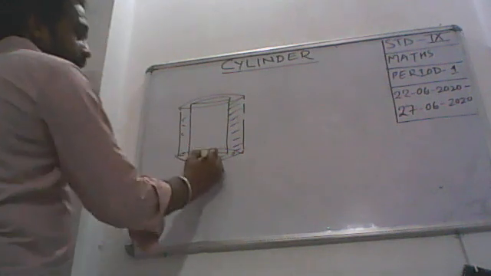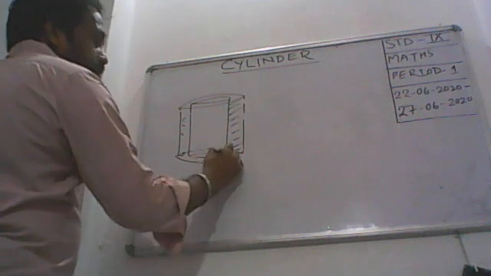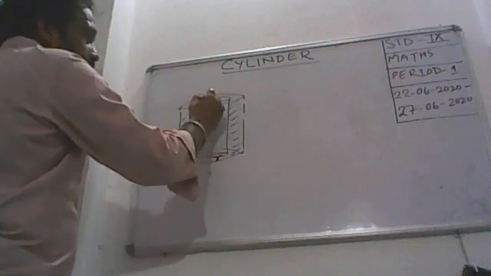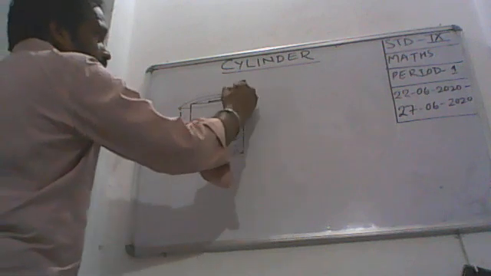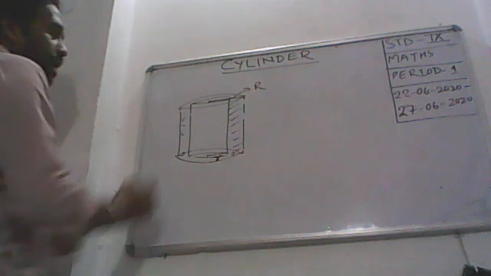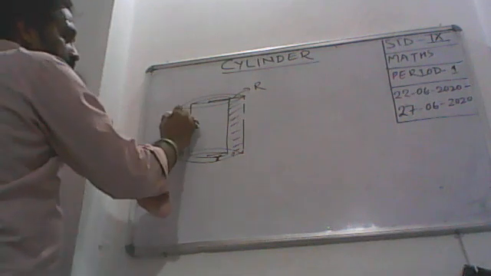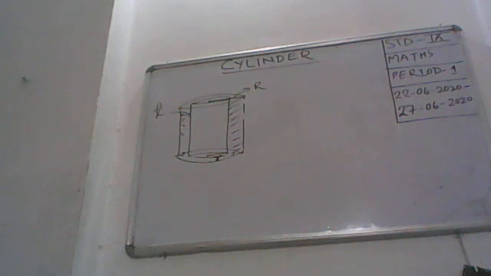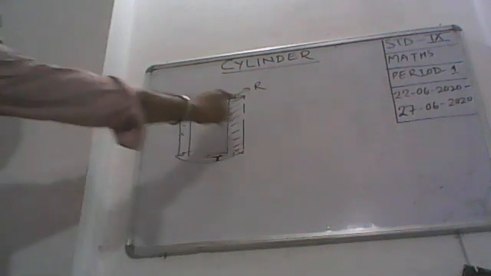This small one is called r, this big one is called capital R, and this part is called t, thickness only. Everywhere it will be uniform.